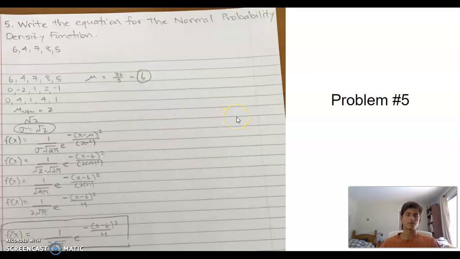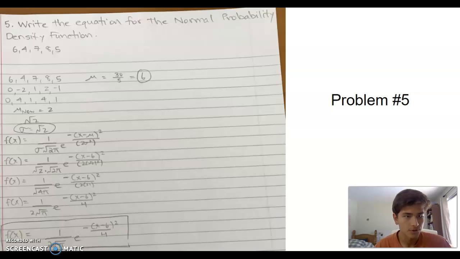Problem number 5, write the equation for the normal probability density function. So I get these 5 numbers. I took the mean, which I got 6. Then to find the standard deviation, I subtracted the mean from the original numbers, squared those numbers, then found the new mean and square rooted it, which gave me the standard deviation. And then I plugged it into the normal probability equation, which obviously is here: 1 over sigma root 2 pi e to the negative x minus mu squared over 2 sigma squared.